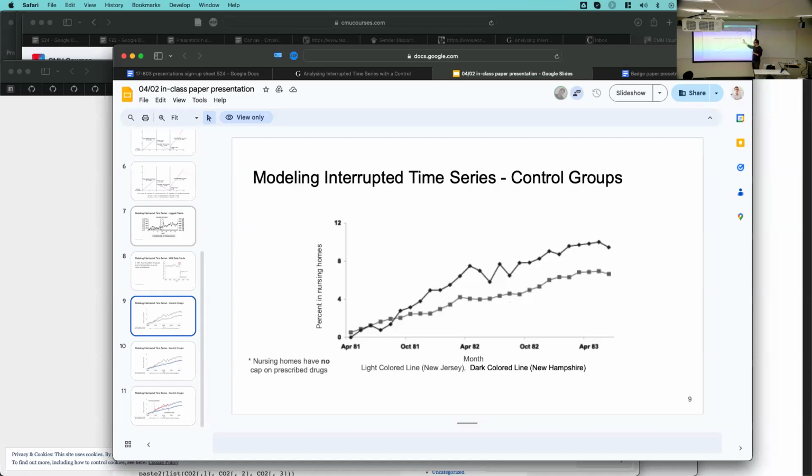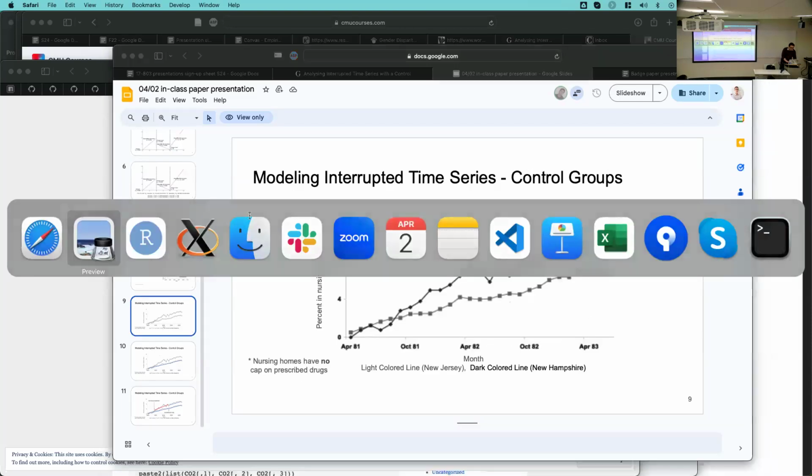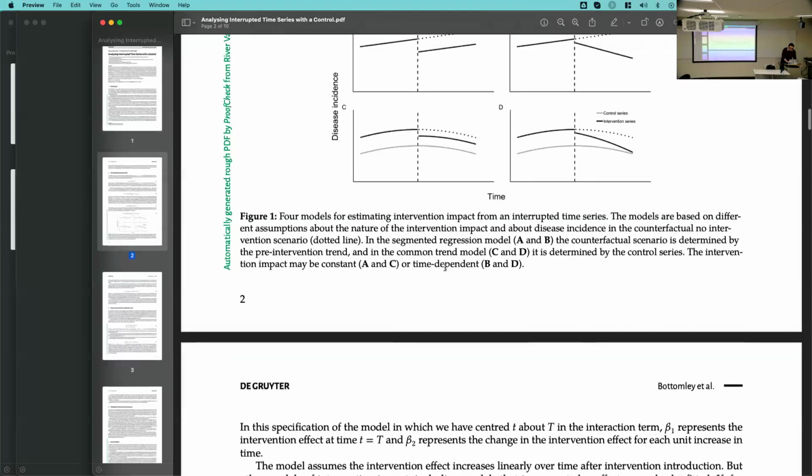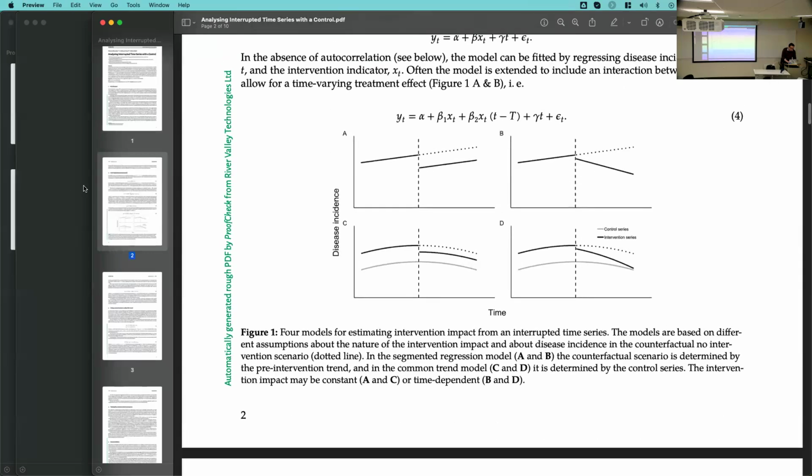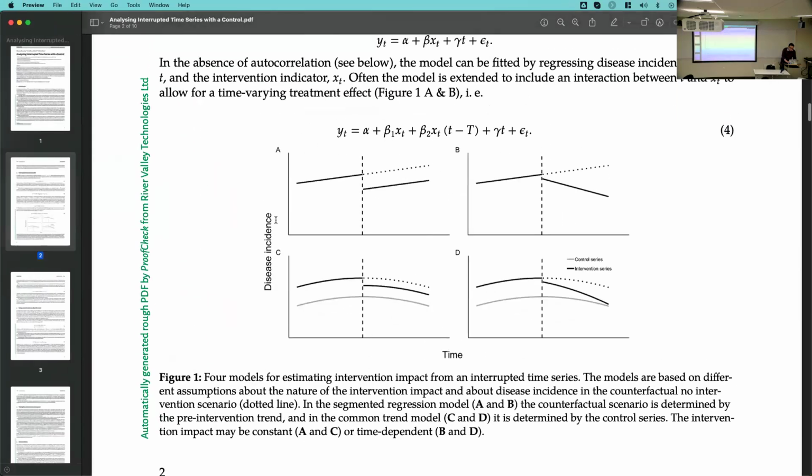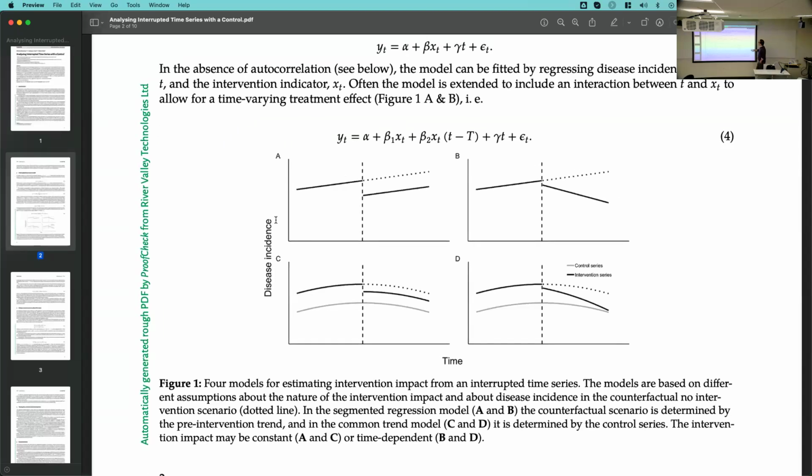So this is really a powerful idea if you think about it, because now you don't just assume that the counterfactual is the continuation of the linear trend from before the intervention in the treatment group, which is what we did so far.